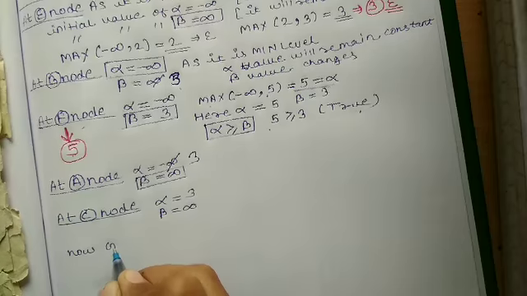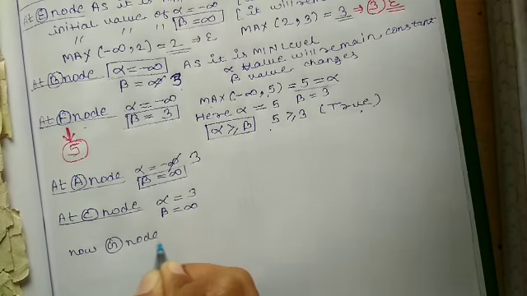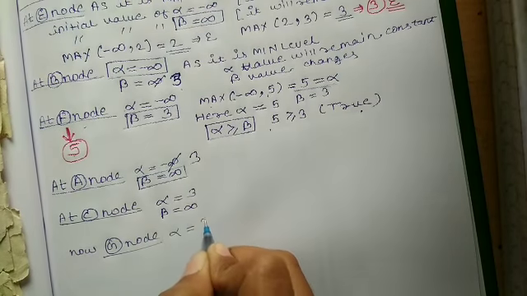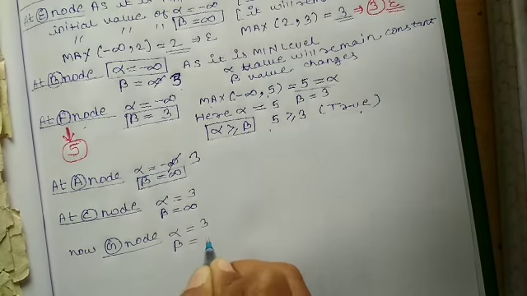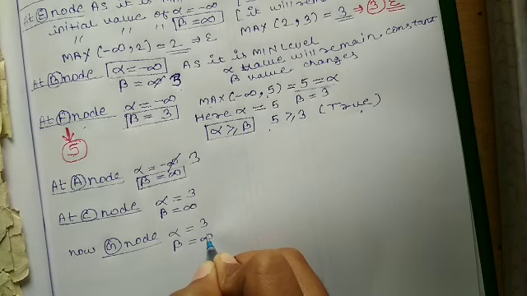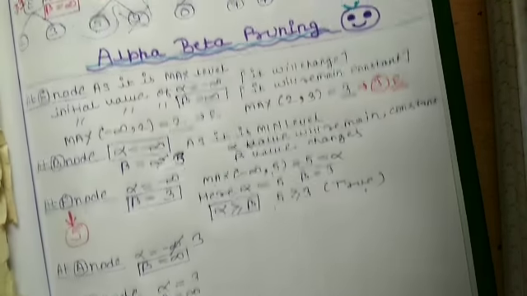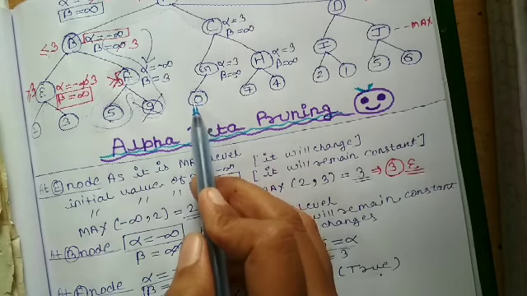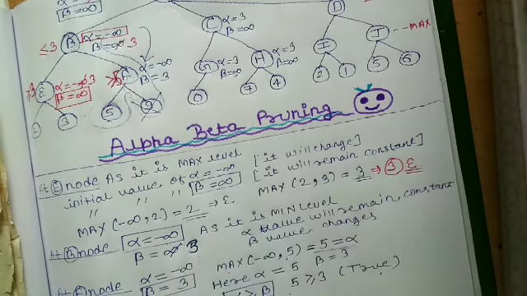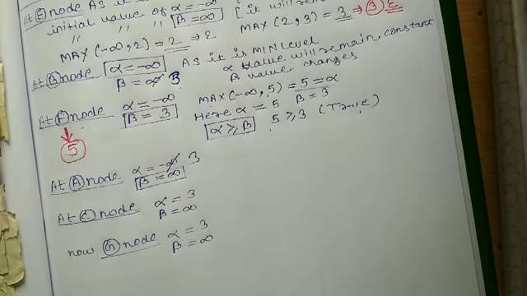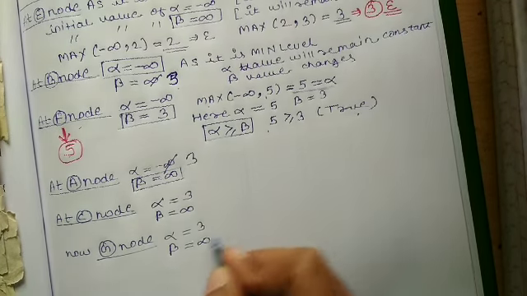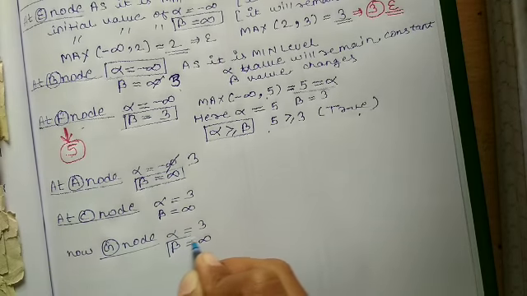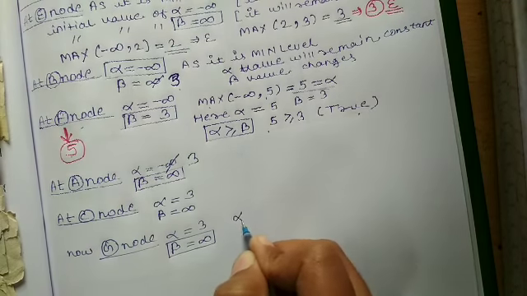Now at G node, the alpha value is taken as 3, the beta value is taken as infinity, and G node is of maximum level, so we have to take the maximum value. We know that at maximum level beta will remain constant, alpha value will change.